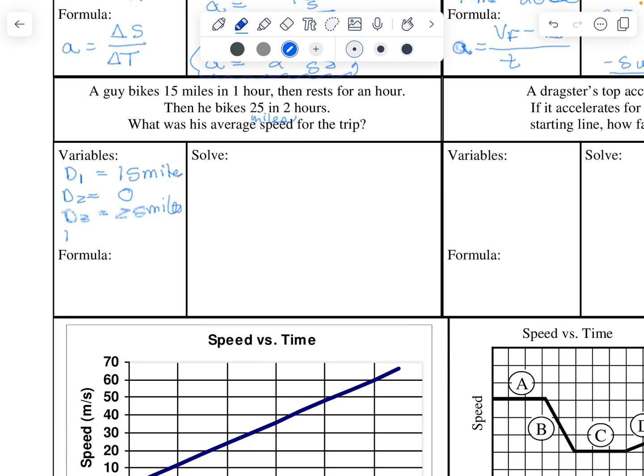I'm going to have to move this down a little bit. Our T1 is 1 hour. I'll move this down. Our T2 is 1 hour. And our T3 is 2 hours.